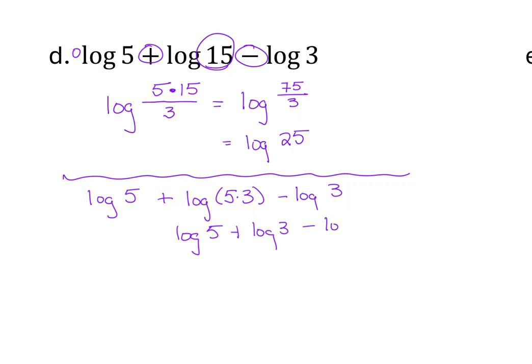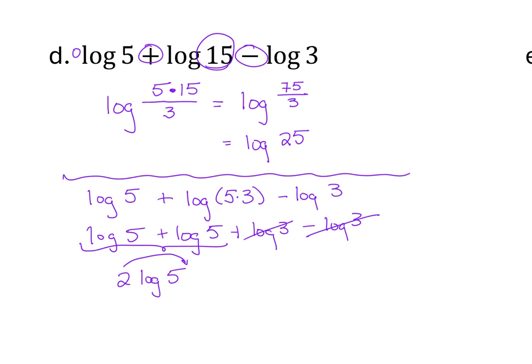We still have minus log of 3 here. We still have our log of 5 over here. Now what we can do is we can cancel those two. And we can combine our other ones. This is 2 log of 5. And we can move our 2 up to the top and get log of 5 squared, which is log of 25.